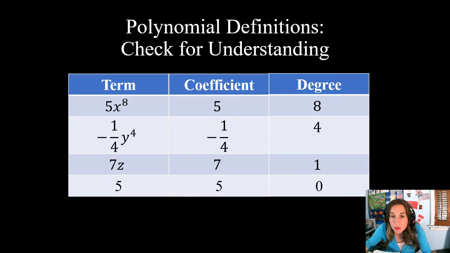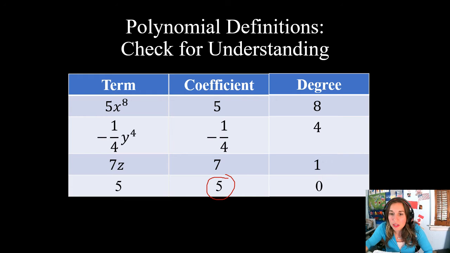And then, of course, we sort of talked about this on the last slide, but here we just have a number. Our term is just 5. So the coefficient's really easy, right? Because the coefficient is always just the number, so 5. But what's our degree? Again, when we don't have a variable, it's like we have this invisible variable being raised to the 0 power.